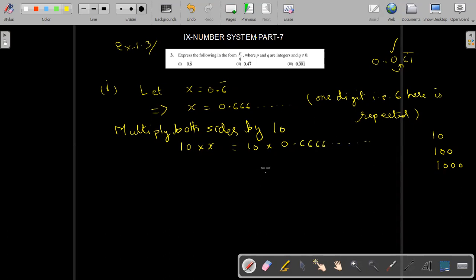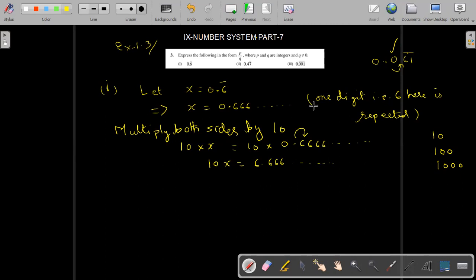When you multiply by 10, 100, 1000, the decimal moves to the right-hand side. In division, the decimal moves to the left. So 10 into x is 10x, and the right side becomes 6.666 and so on.